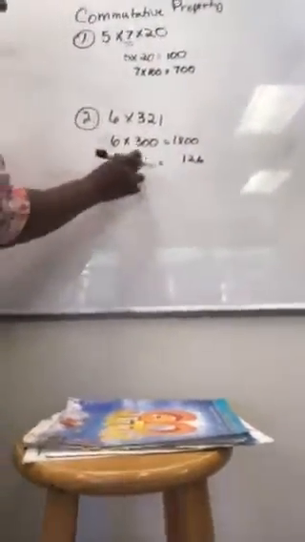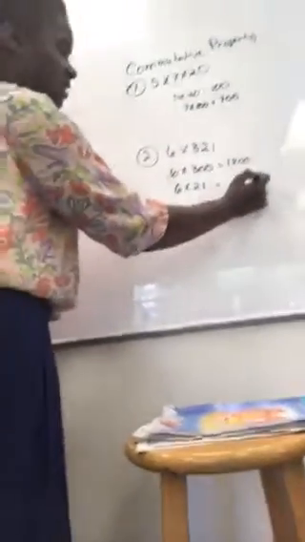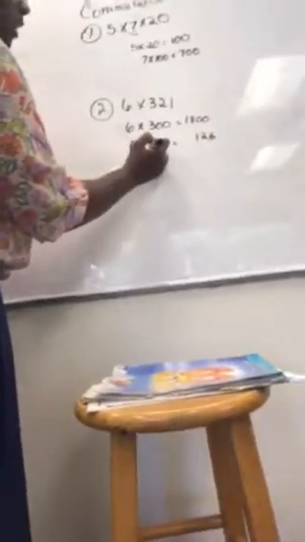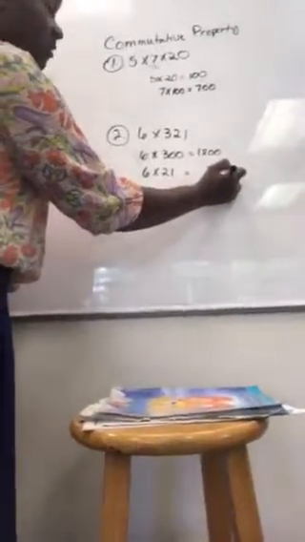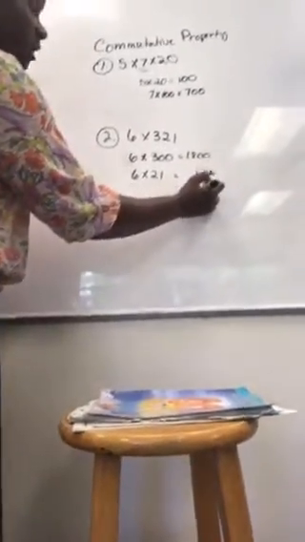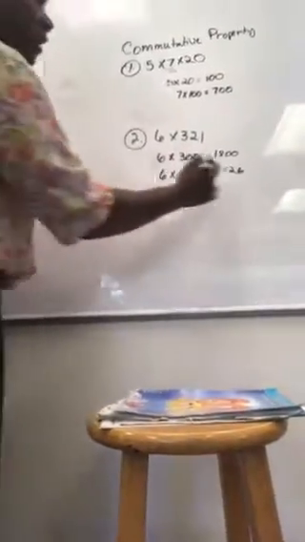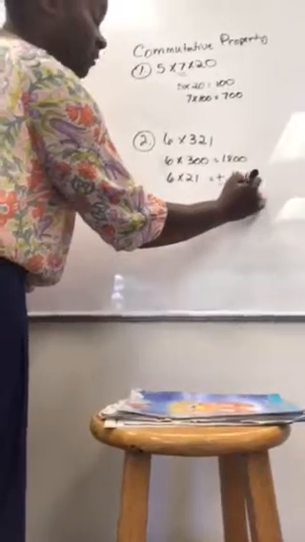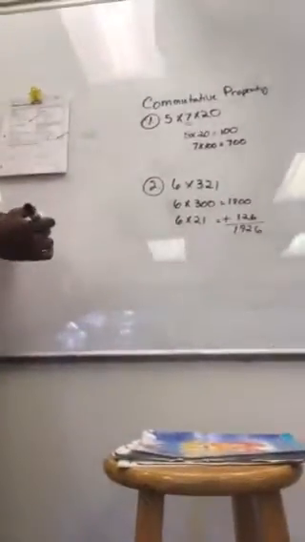However, what I did in my mind was I said 6 times 1 is 6. And then 6 times 20, because the value of the 2 is 20, is 120. I already know that I have 6 in my ones place, so I'm going to put just my 12 there, and so it's 120. So I kind of skipped a step. Then I'll add that together, and that will give me a total of 1,926. Do you guys see that?